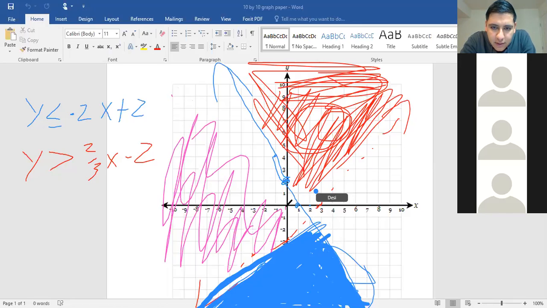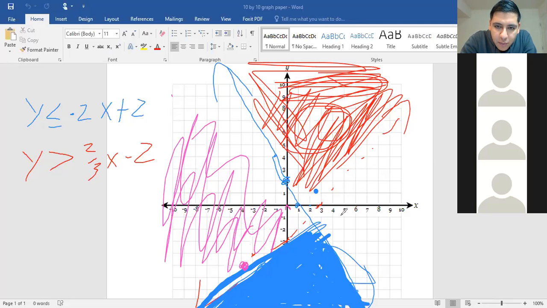Even the origin is still in there, so 0 and 0 would work. -1 and 1, anything like that. And again, as long as it's not on the actual line. So for example, I see that possibly -4 and -5 is actually on the line over here, but since that's a dotted line, that wouldn't work.